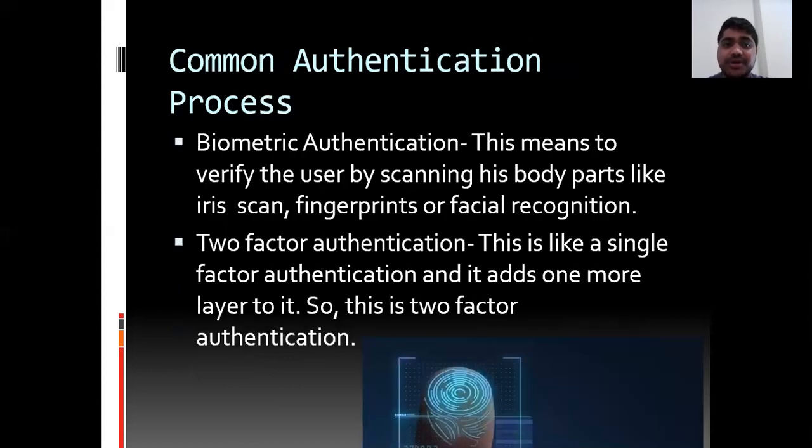Coming to the common authentication processes, biometric authentication means to verify the user by scanning his body parts like iris scan, fingerprints, or facial recognition. That's the biometric. And the two-factor authentication is like a single-factor authentication, and it adds one more layer to it. So this is a two-factor authentication.